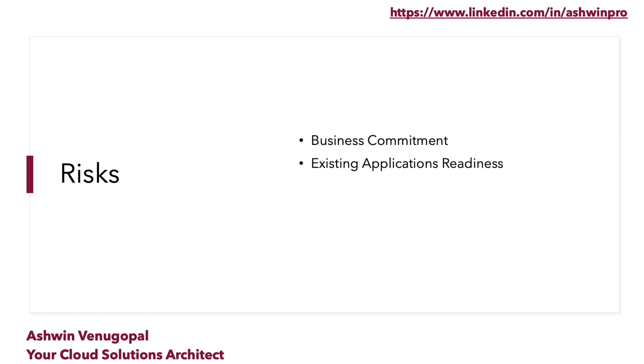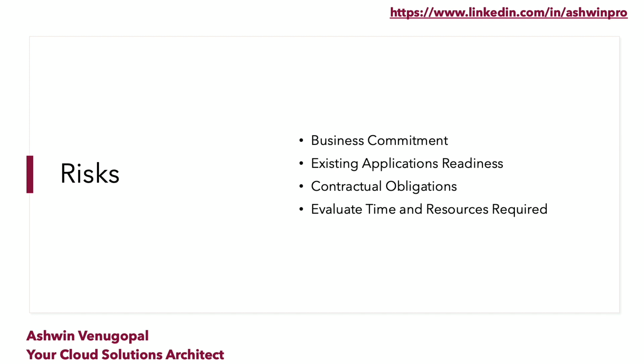Is the architecture of your existing applications ready for cloud computing? What are the contractual obligations with the existing software and hardware vendors? And did we fully understand the time and the resources required for this change management? You need to ensure that whatever risk is identified is properly documented.